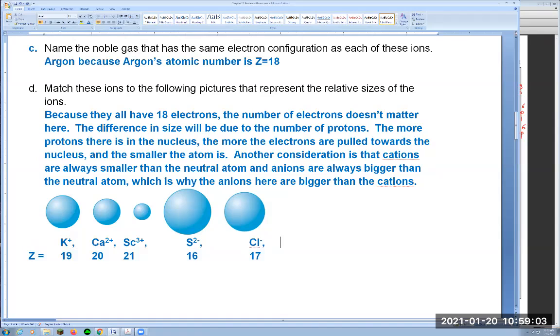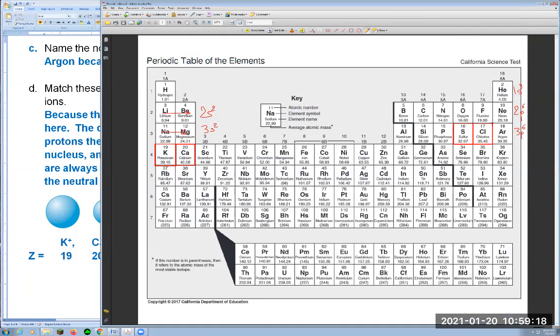Another consideration is that cations are always smaller than the neutral atom, and anions are always bigger than the neutral atom, which is why here the anions are bigger than the cations. If you look at the position of all these ions in the periodic table, here let's highlight scandium as well.